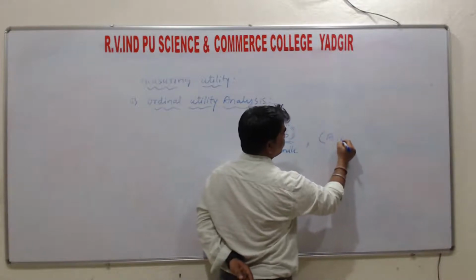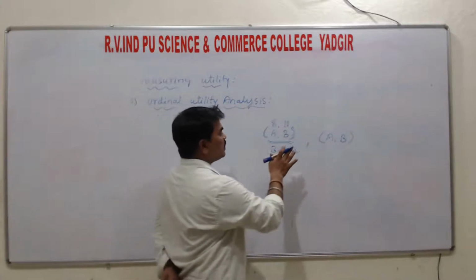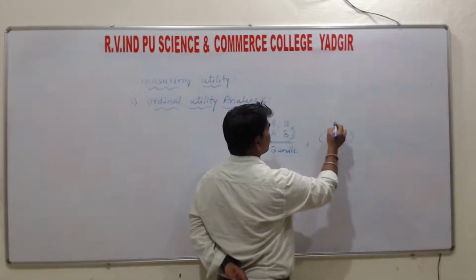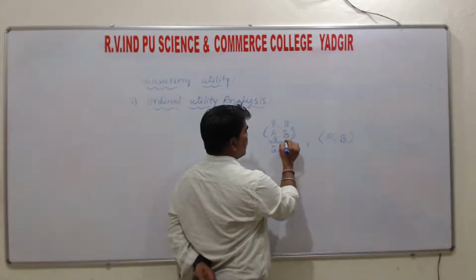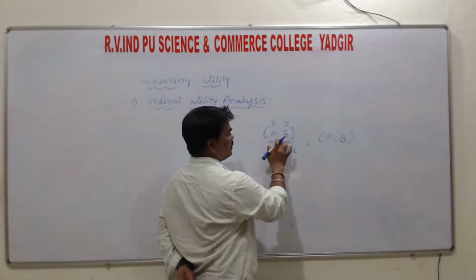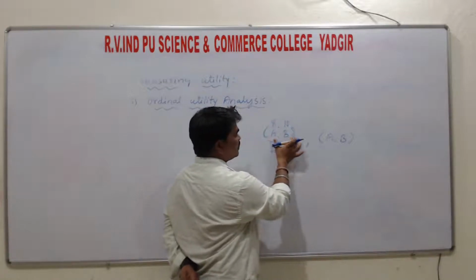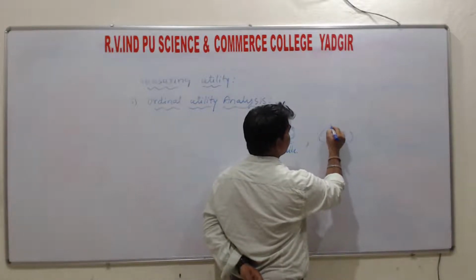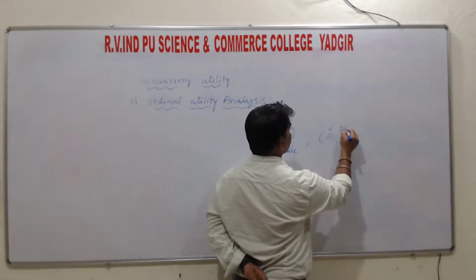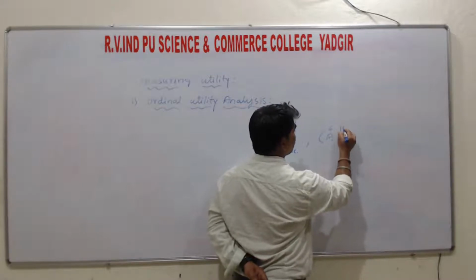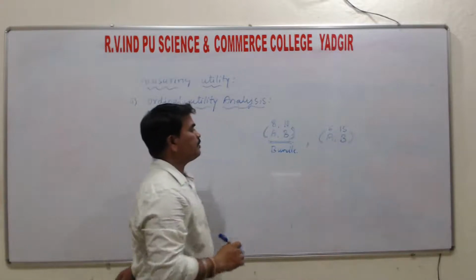and we have a second combination of the same products. The products are the same, say apple and banana. A for apple, B for banana. So this is one combination, and another combination is 6 apples, 15 bananas.